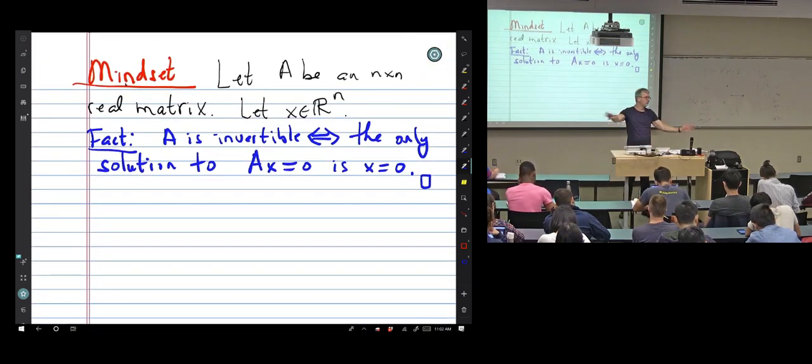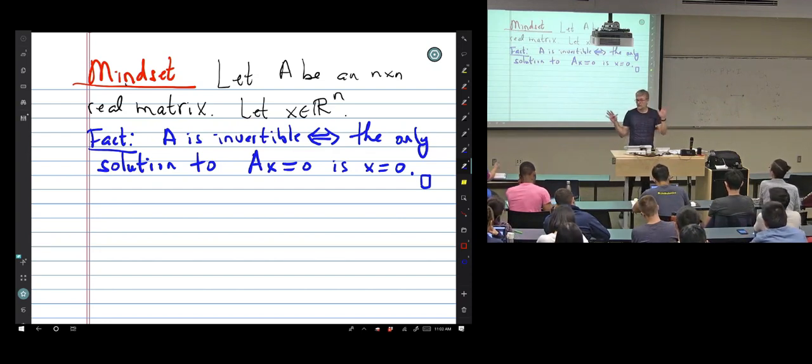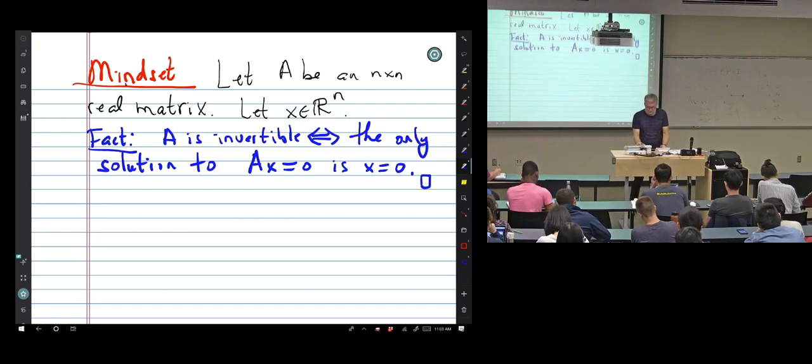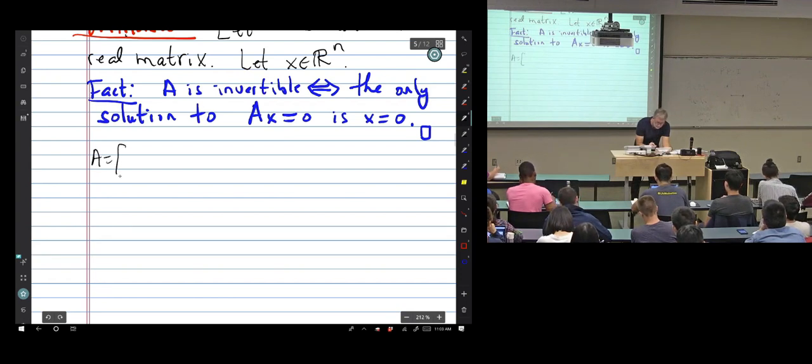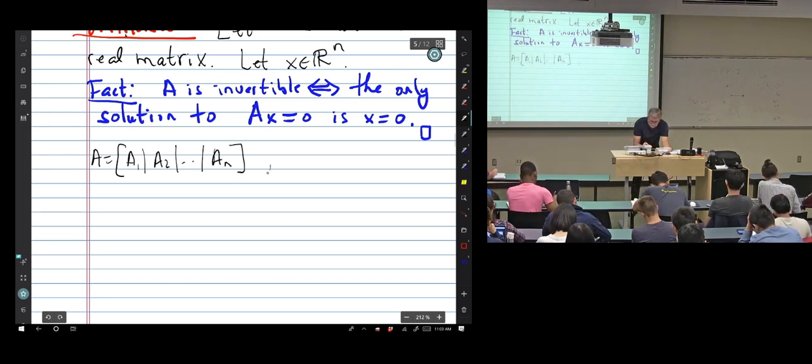So I'm just hoping everyone in here has had some experience with matrices and conditions for solvability of equations and having unique answers and stuff like that, okay? If not, go to Wikipedia, look it up. So let's just take this as a fact. Now, why am I wanting this as the mindset? Let's write A as a partitioned matrix, just like we did in homework. Okay.